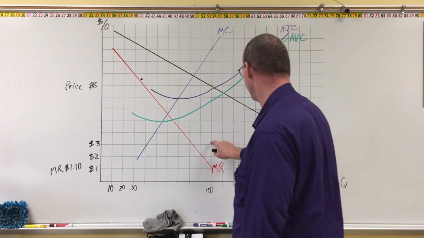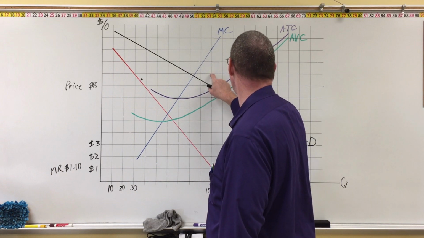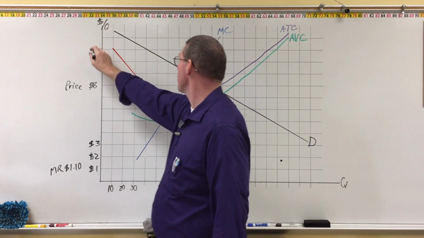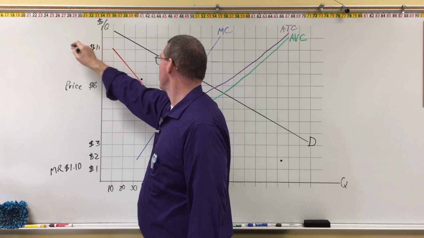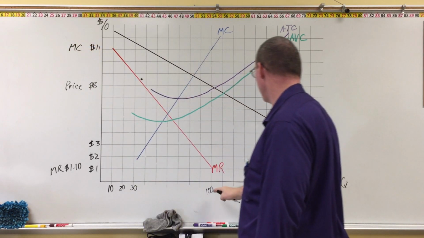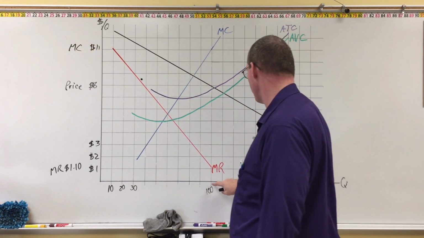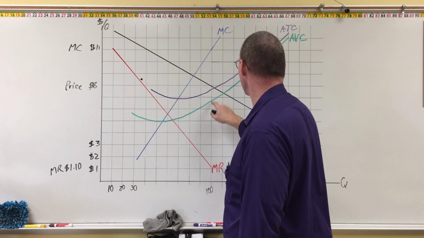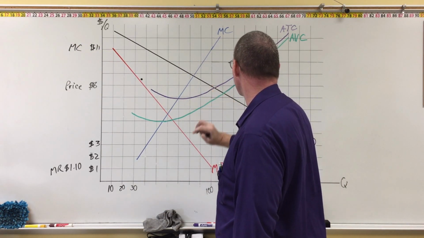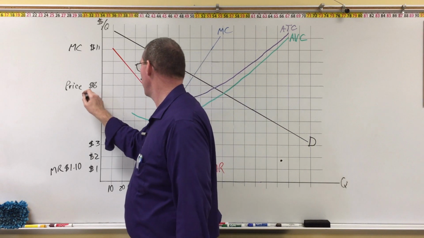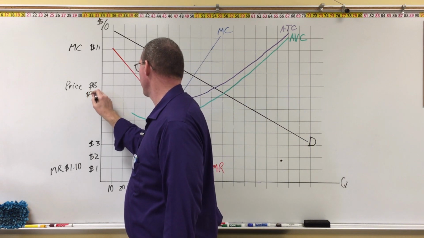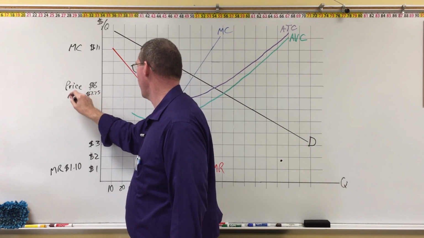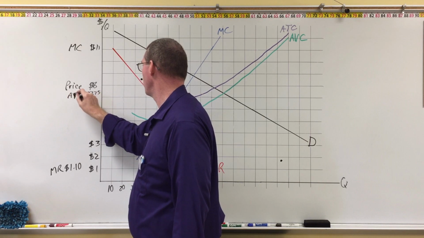Marginal cost, 1, 2, 3, 4, 5, 6, 7, 8, 9, 10, about $11 for marginal cost at 100 units. Average total cost, we'll go 1, 2, 3, 4, 5, 6, 7, somewhere between 7 and 8. Let's say maybe $7.75. I don't know. We'll say that's the average total cost.